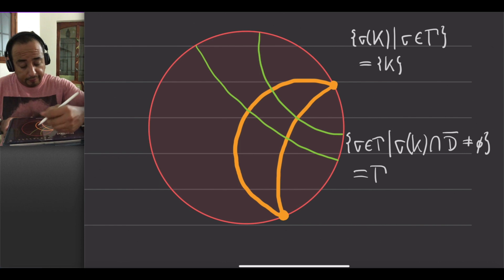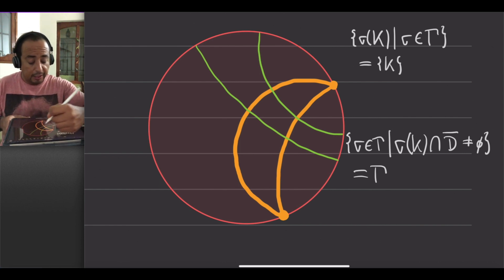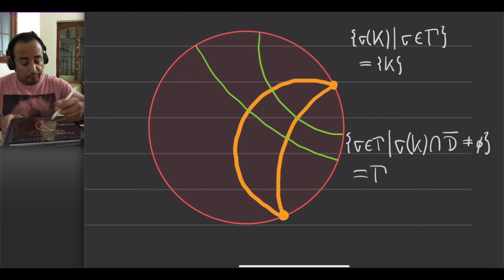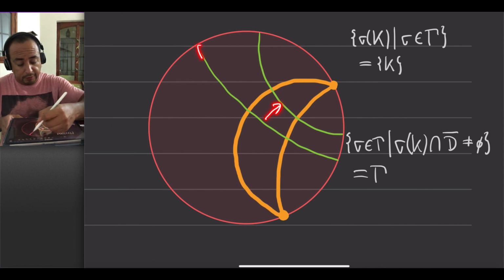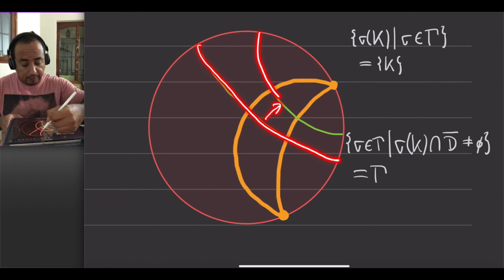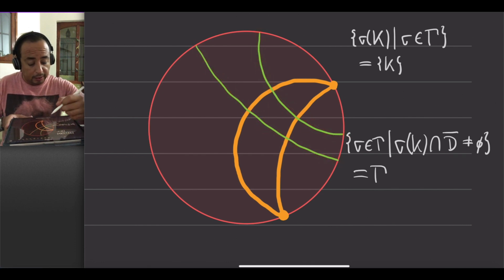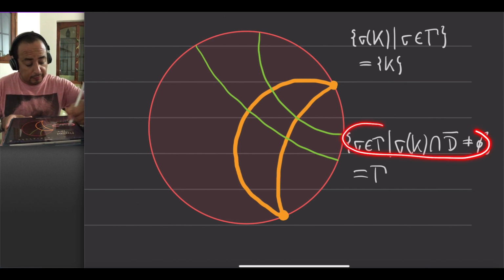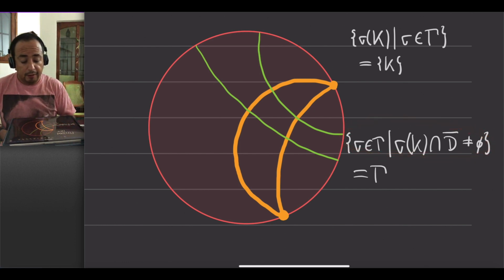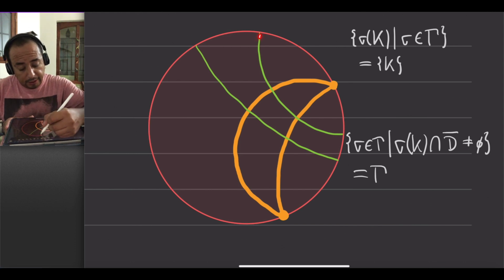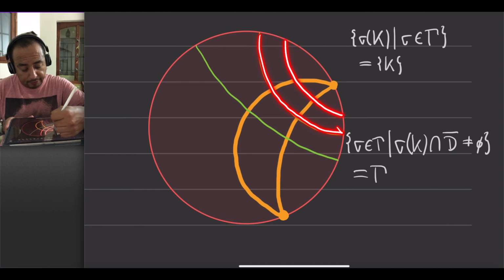Right? For instance, let's say that I want to show that the inverse of gamma, the inverse of this generator that sends this shortest curve to this other shortest curve, is in this set. Let's try to show that the inverse is there. So you see, take the image of this one under the generator gamma. Let's say that it's this one.